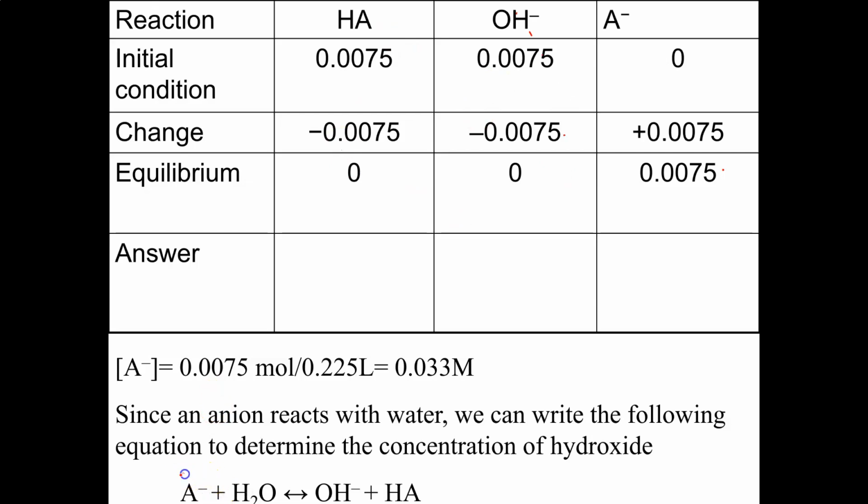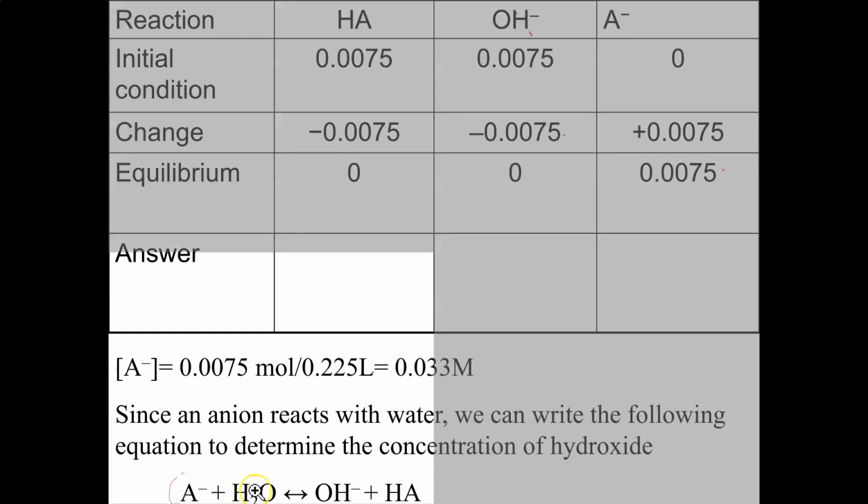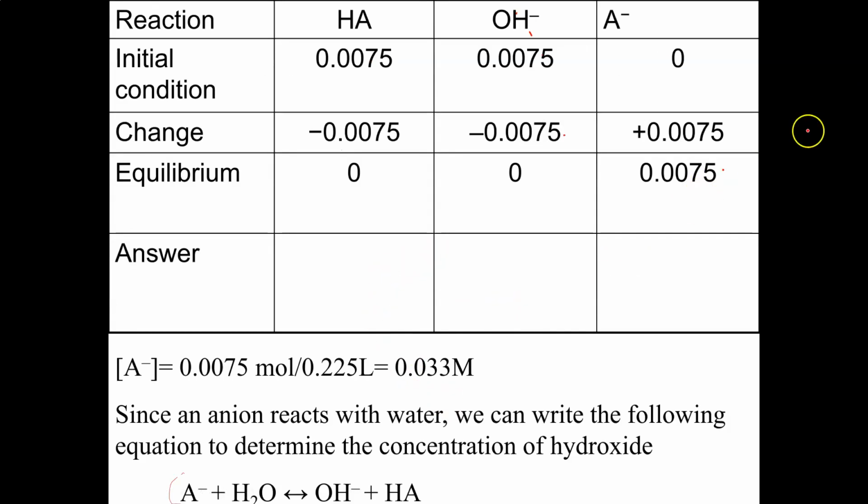Notice once again, now we're going to a type 1 question. So after you do your buffer part, which is a type 2, you go back and do a type 1 where you do A minus, which is basically just this, which is going to be this, and then plug and chug the numbers afterwards.